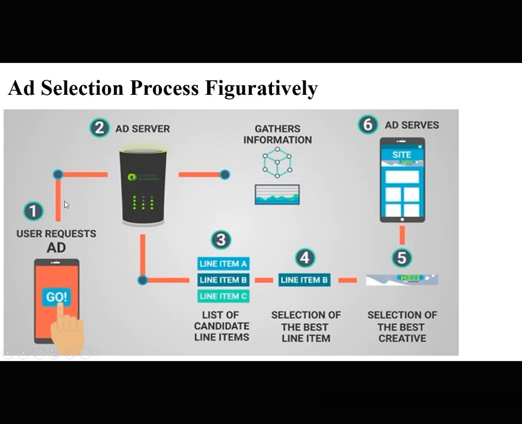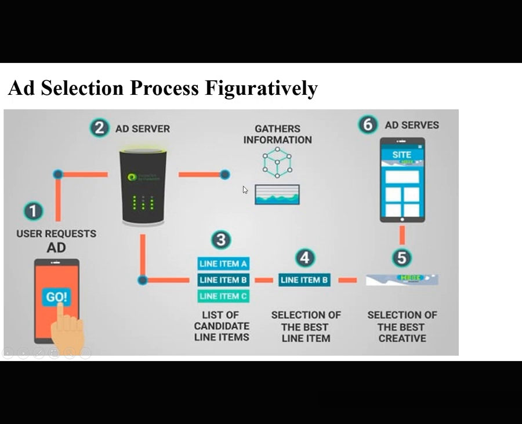The user requests an ad, which is done through the browser, and the browser displays the contents in HTML through the web server, and through the ad server the ad is displayed simultaneously. This is the ad server. Second process is the ad server. Third, line item A, line item B, line item C are available. These are the list of candidate line items.